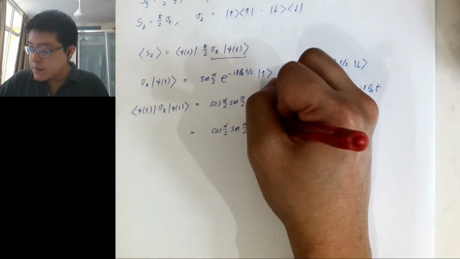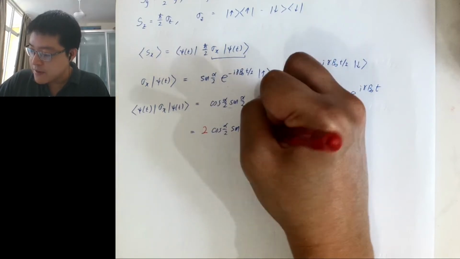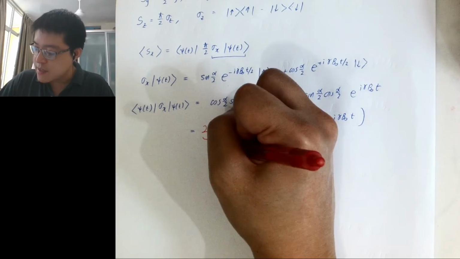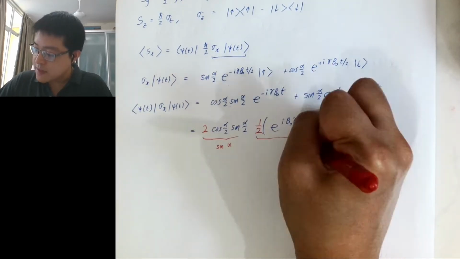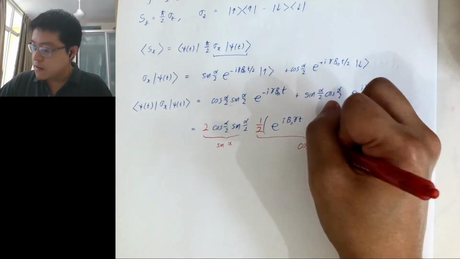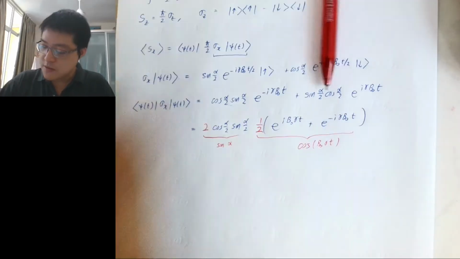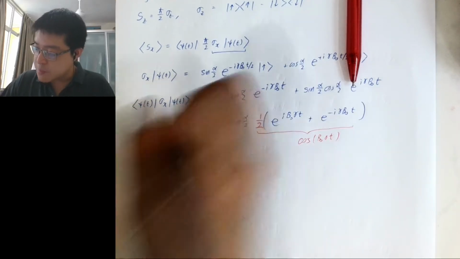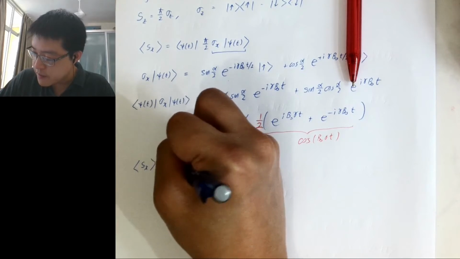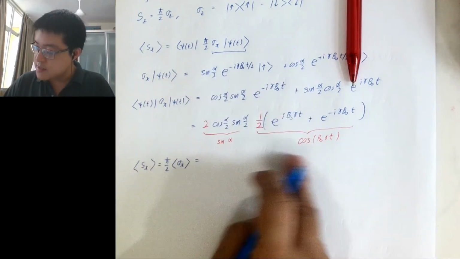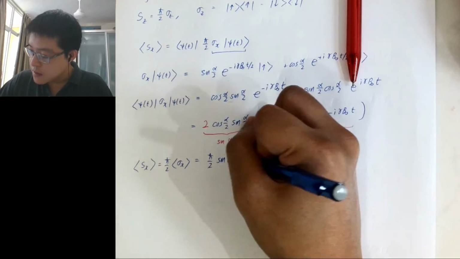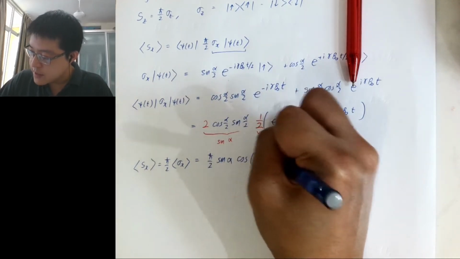So this will be simplified if I put a half and half here, because by the trig identity this just becomes sine alpha, and this by the Euler formula is just the cos of gamma B0 t. So what we have found is the expectation value of Sx is h bar over 2 times the expectation value of the Pauli x, and it's just h bar over 2 sine alpha cosine gamma B0 t.